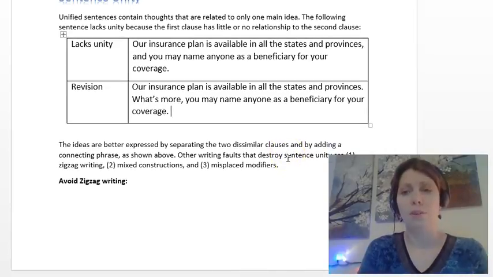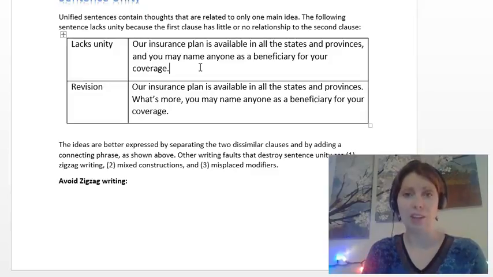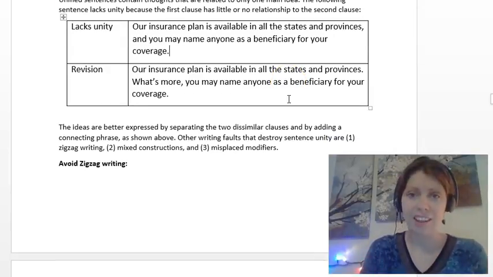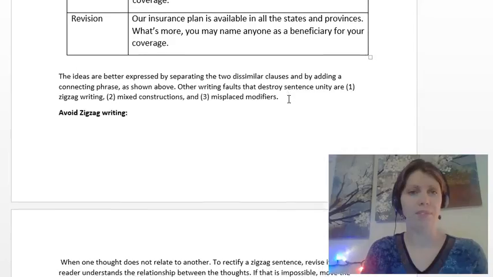Okay, so again, this clause, you may name anyone as your beneficiary, lacking unity, does not work because it has little or nothing to do with the first clause. If that's the case, feel free to put a period in there and start a whole new sentence.